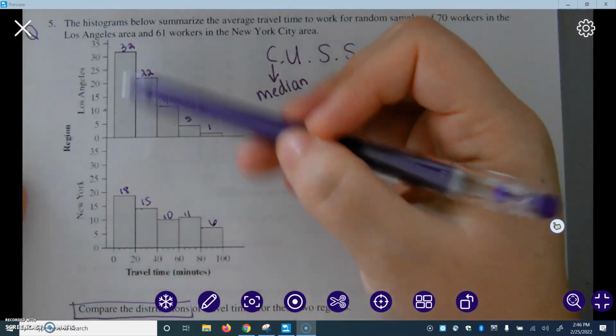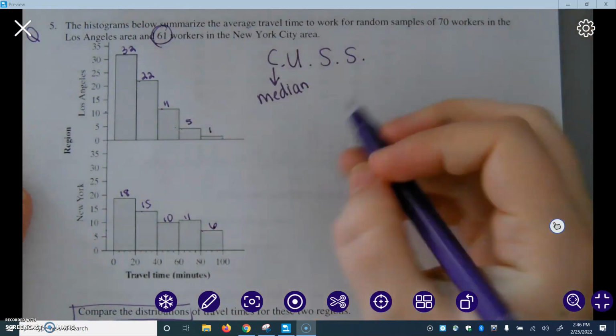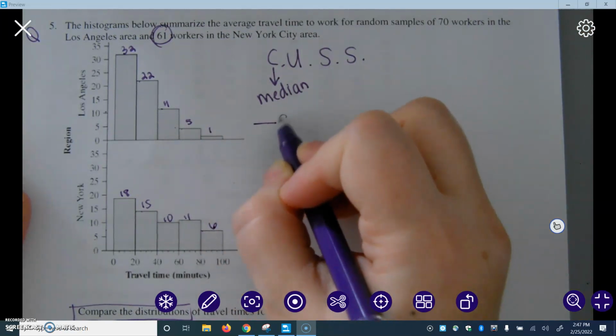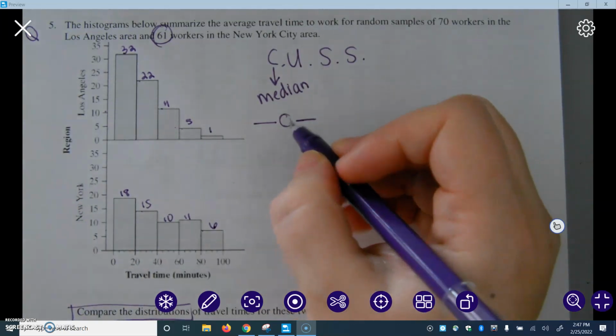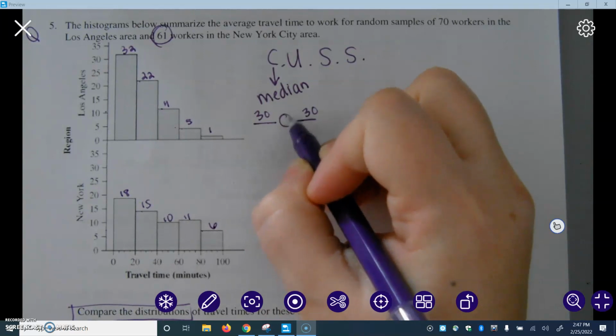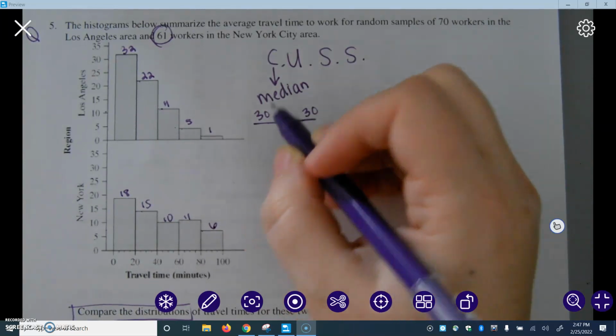And so we can figure out how many are in each, and it tells us that there are 61 workers. So for the median, we have to have 50% of the numbers on this side, and then the median, and then 50% of the data on that side. So if I have 30 and 30, and then 1 in the middle, that would be a total of 61.